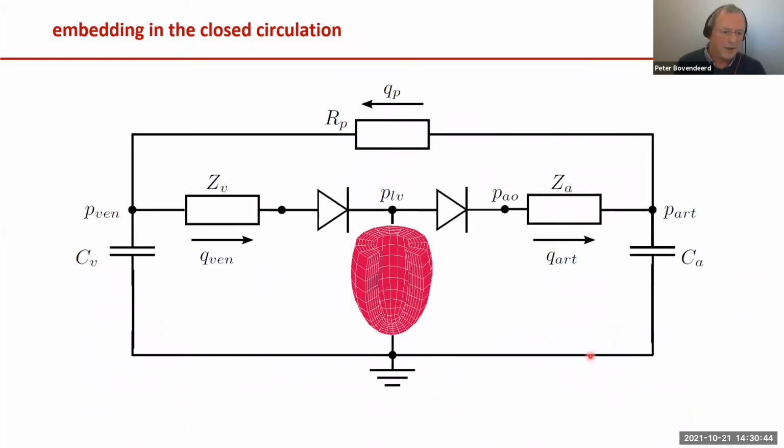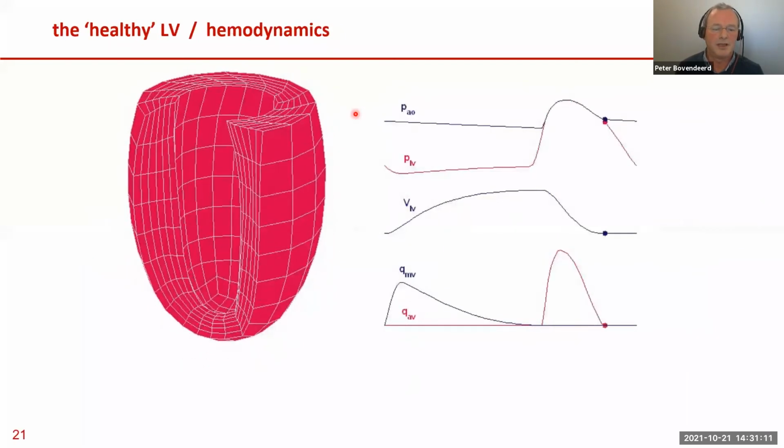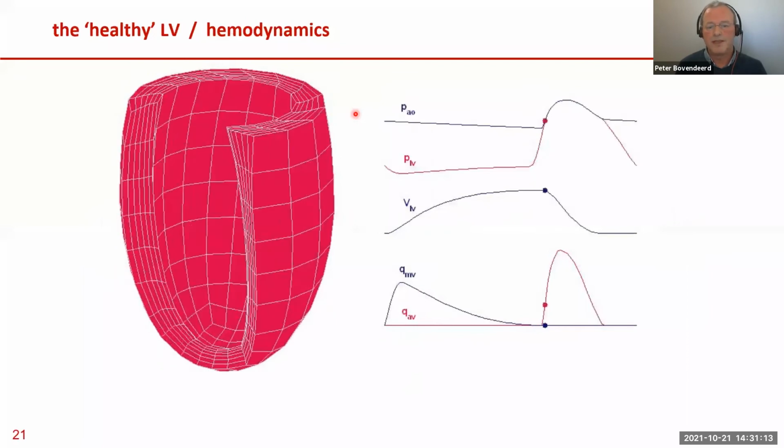Finally, now that we defined the geometry and the 3D material properties, we need to define the loading of the heart, and that we do by embedding this heart in a simple lumped parameter model of the circulation, where we have the arterial system, the venous system, and the periphery modeled as a resistance. If we combine all of this and put it in a finite element formulation, then this is typically an output that you get.